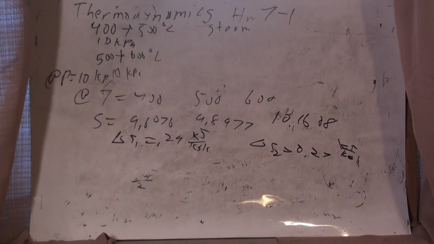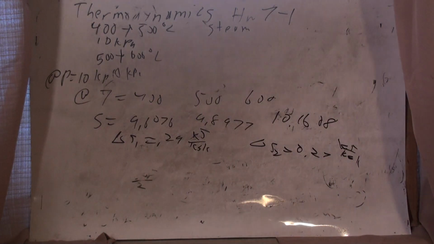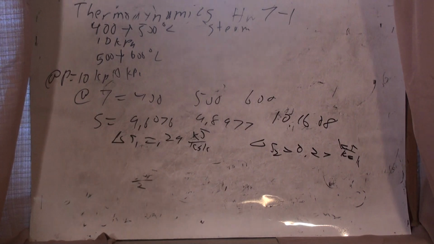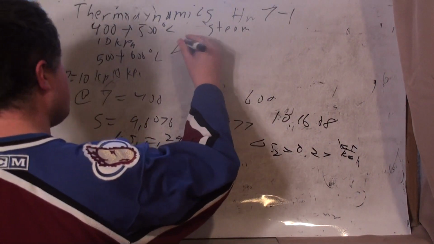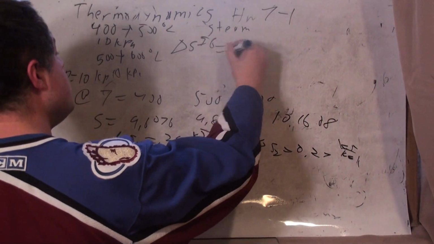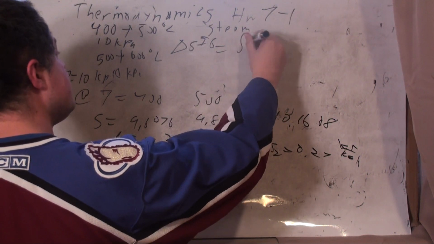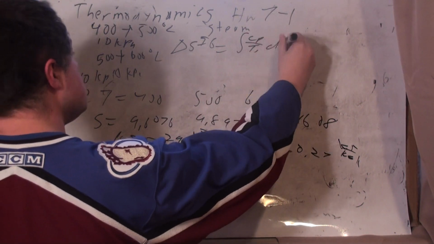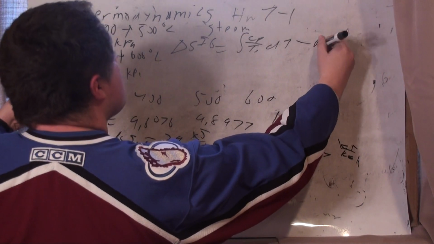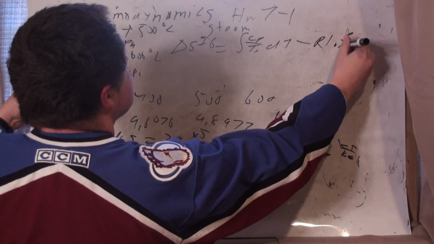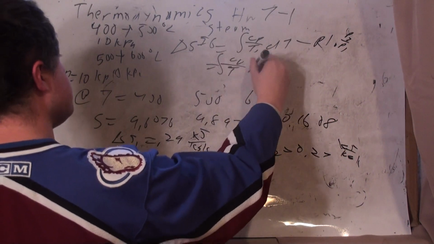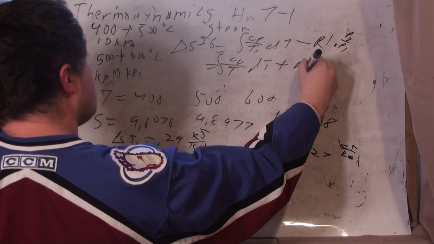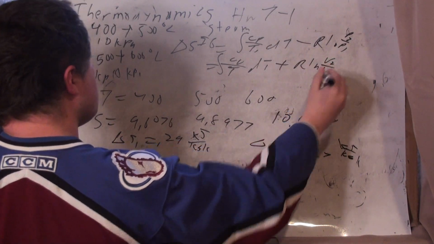Now, obviously, it becomes a little different if we have an ideal gas. Now, if we have an ideal gas, then we have to use the ideal gas formula. Okay, but remember there's two of them, so let's write down both of them. So I have delta S of an ideal gas is equal to the integral of Cp over T dT minus R natural log of P2 over P1, or the integral of Cv over T dT plus R natural log of V2 over V1.